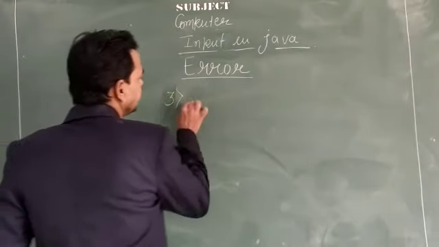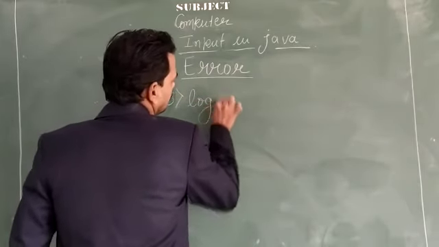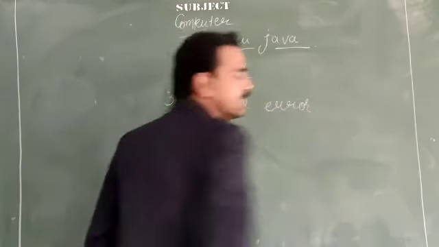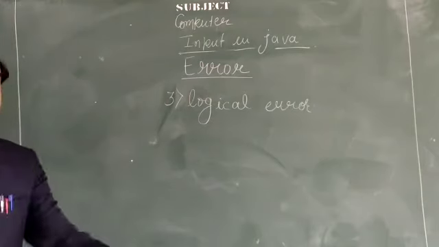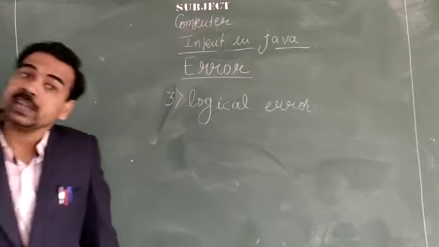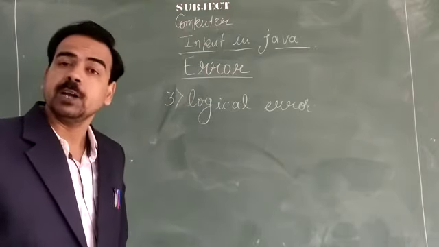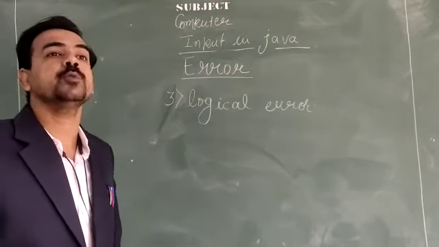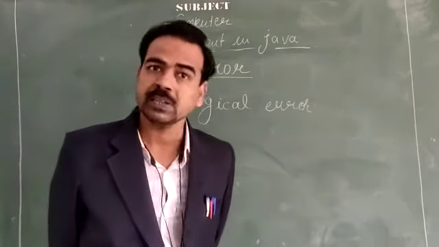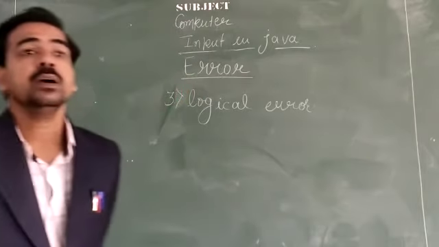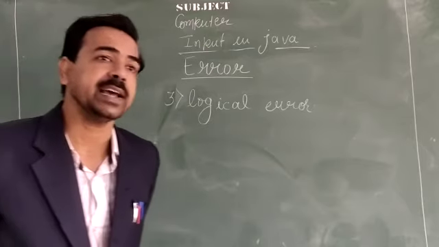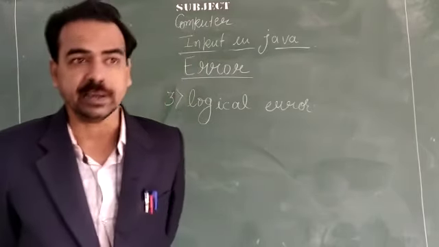The third one is logical error. This is the error due to which our program will execute. हमारा प्रोग्राम एग्जीक्यूट होता है. अगर हमारे प्रोग्राम में कोई लॉजिकल एरर है तो हमारा प्रोग्राम रुकेगा नहीं, प्रोग्राम एग्जीक्यूट होगा, but it produces the result which is undesirable, unwanted.